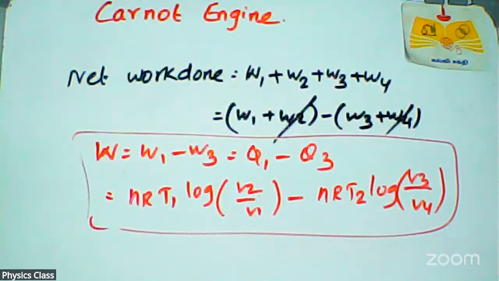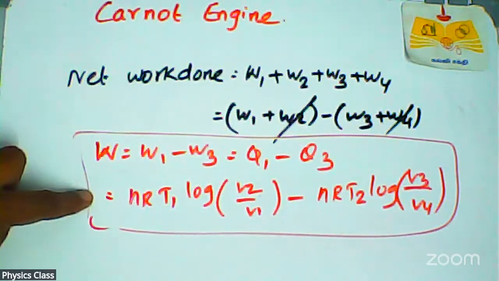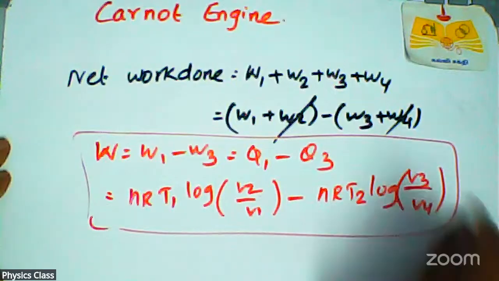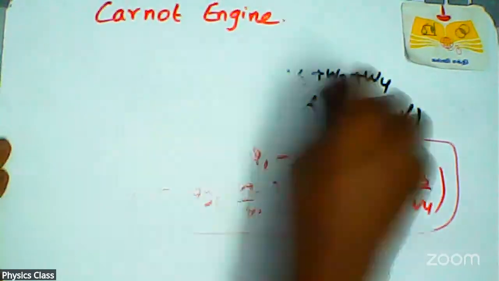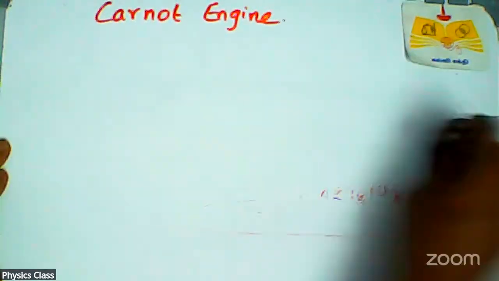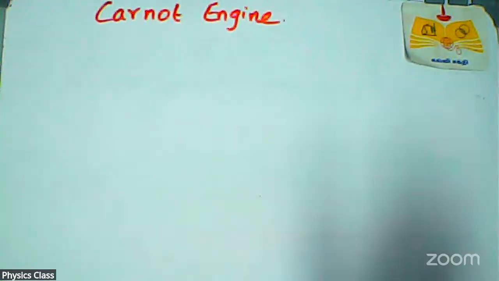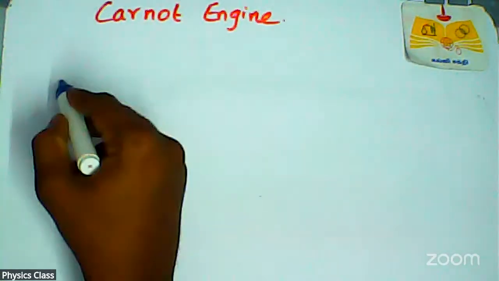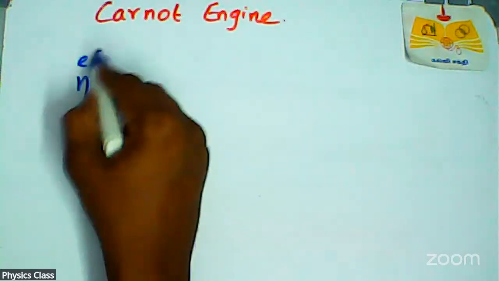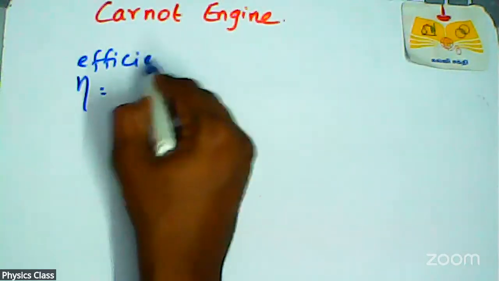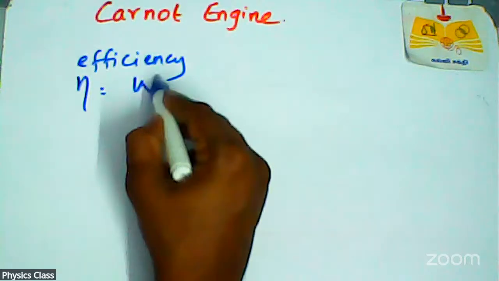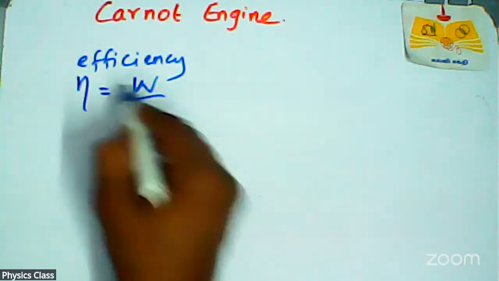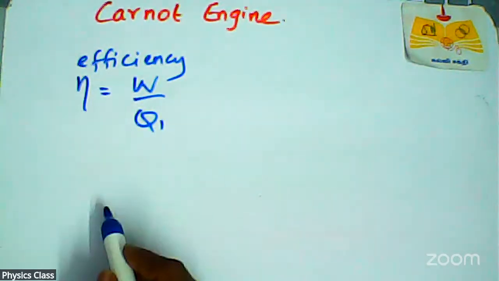So for this we can take this W, because efficiency means the work done by Q1, the input heat.